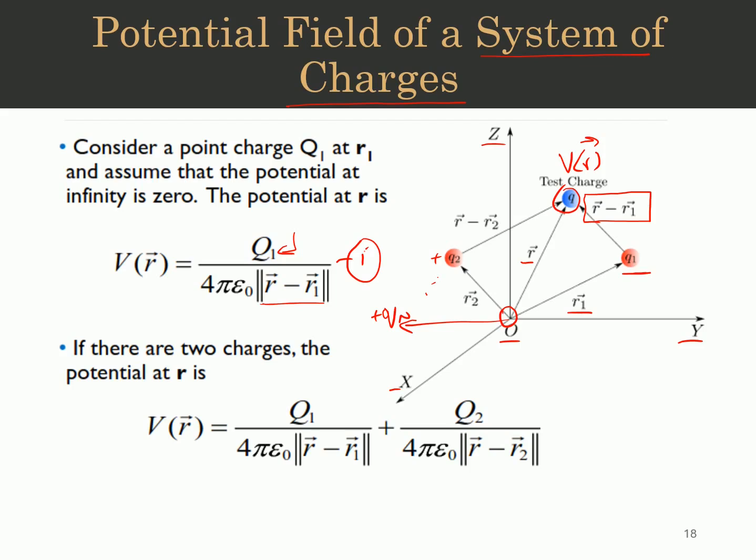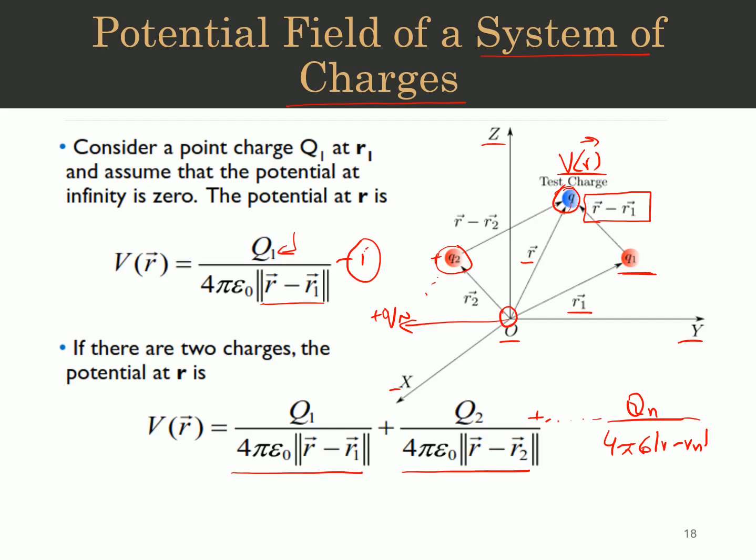So obviously we are going to use the superposition principle, and we are going to add all these charges one at a time. The effect on Q from the first charge q1 is represented by this equation. The effect of q2 on this test charge where you want to find the potential is represented as such, and similarly if we have another charge qn, its effect will be over 4 pi epsilon times r minus rn.